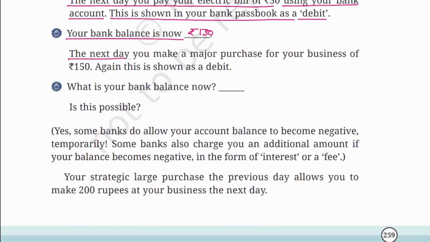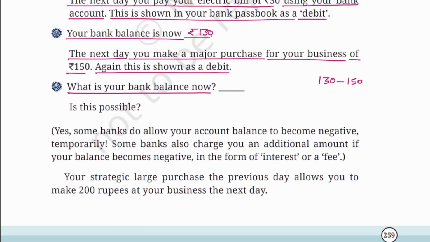The next day, you make a major purchase for your business of 150. Again, this is shown as a debit. What is your bank balance now? That is 130 minus 150 is equal to minus 20. Is this possible?